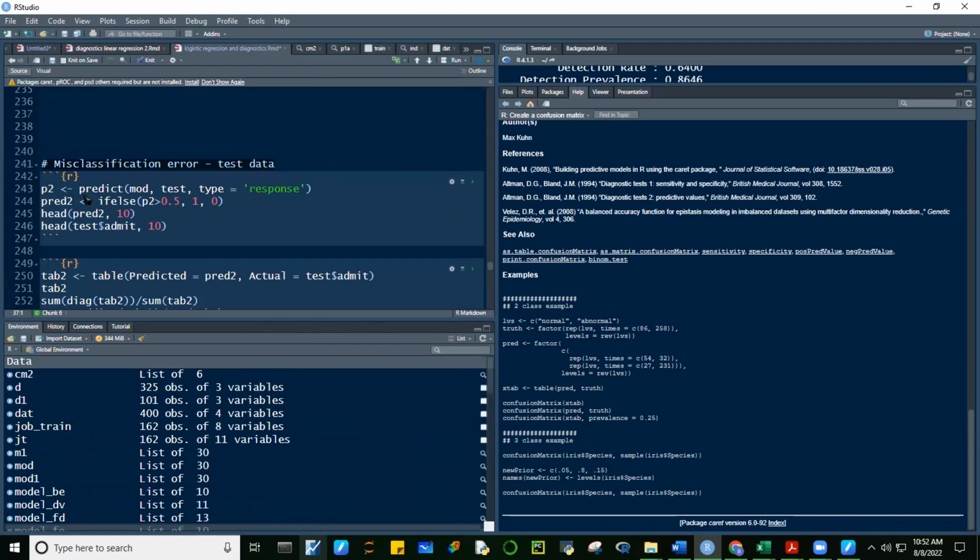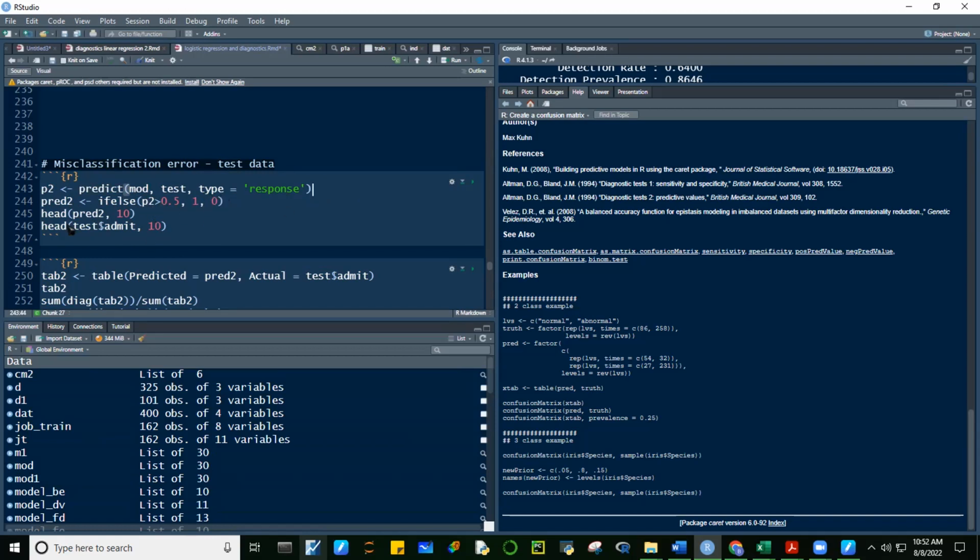Basing it on the models, let's create this object called P2, and then we're going to predict. This is our model mod, and then we're going to use the test data set na. Kanina train, no? And the type is equal to response. Sorry, yung sa type, probabilities to, hindi 0 or 1. Hindi siya yung log odds, probability siya. Then create this object pred2, where we convert si P2, pag greater than 0.5, admit siya, otherwise 0.